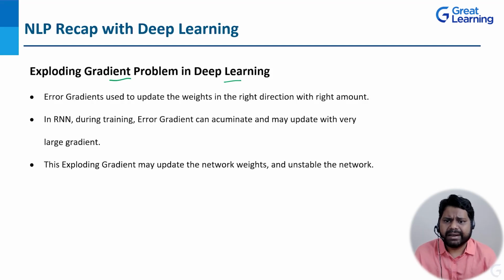In RNN, during training, some of the time the error gradients accumulate and may update the weights with a very large gradient. As a result, we see an explosion. This explosion disturbs the model's state, and due to this the model completes training but does not perform as well as expected. So in order to tackle those issues, LSTM and GRU came into the picture.